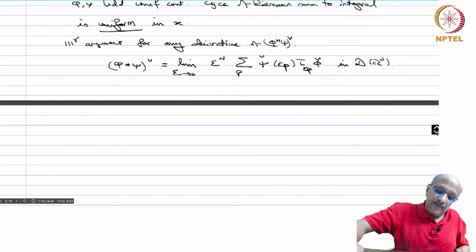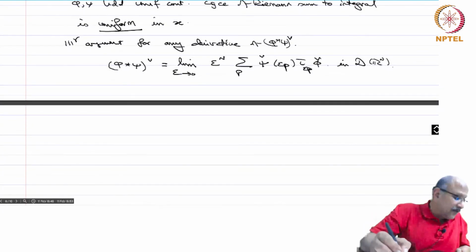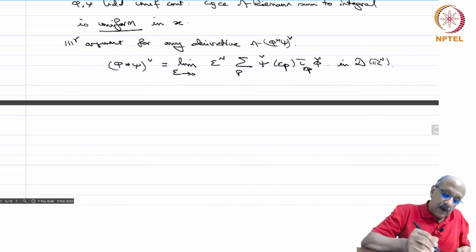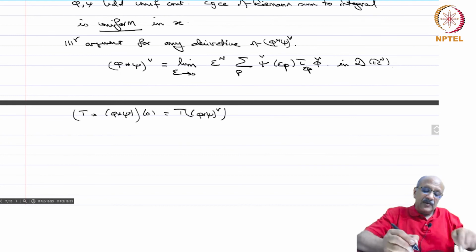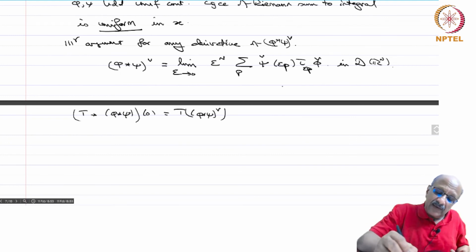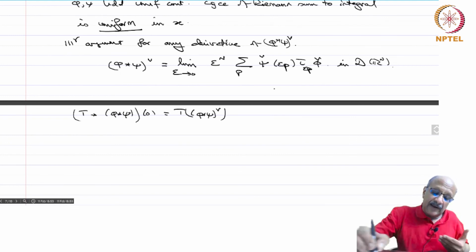Once you have this convergence, then I have to take T of that. Therefore, T star of phi star psi at 0 is nothing but T of phi star psi chesh, and because that is given by this limit and this is essentially a finite sum, I can take T into that.